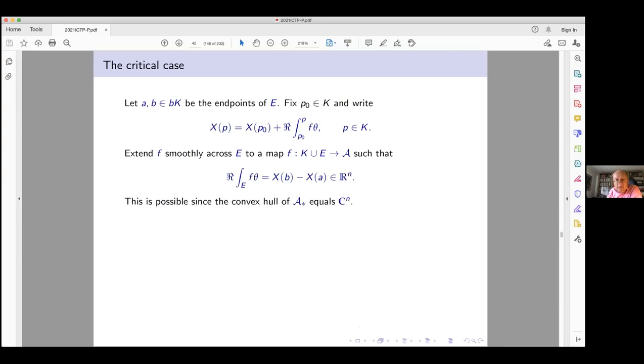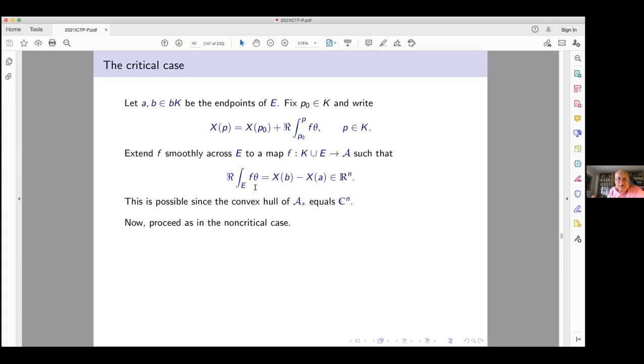Now the next step is that you proceed just as before. So I didn't write it out, but what are the steps? First of all, I have to use Mergelyan's theorem to say that I can approximate this x, which is now what? It's a conformal minimal immersion on K, but it's just smooth on the arc.